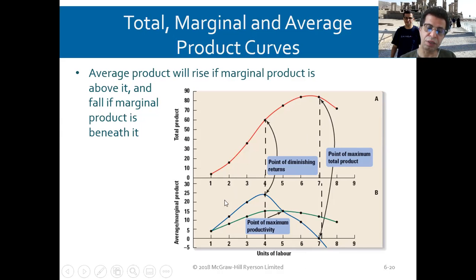In this case, for example, the intersection between the two graphs is the point of maximum productivity, which is the point of diminishing returns. There is where we start having less productivity, not diminishing in number of units, but the same average person is producing less.